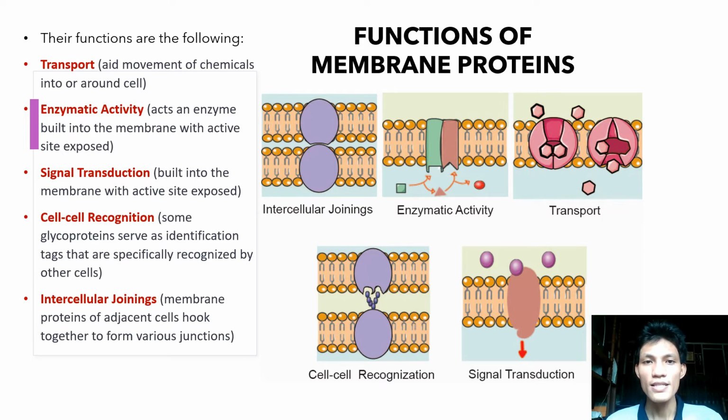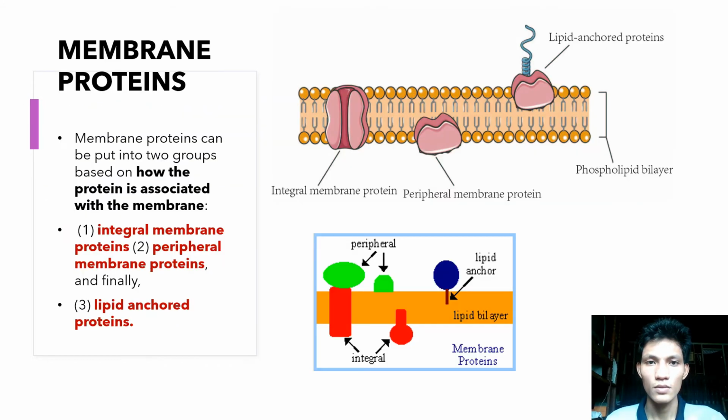Fourth is cell-to-cell recognition. Some glycoproteins serve as identification tags that are specifically recognized by other cells. And intercellular joinings, where membrane proteins of adjacent cells hook together to form various junctions.